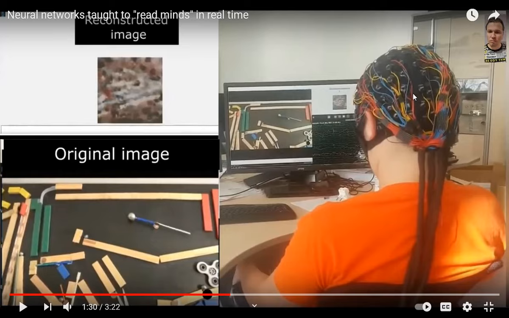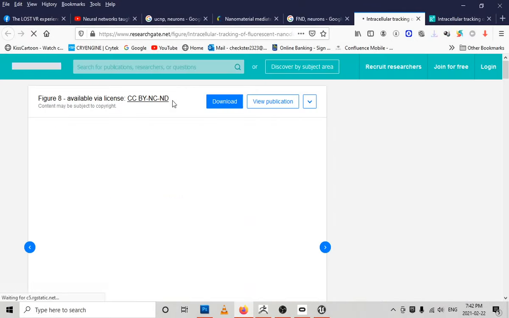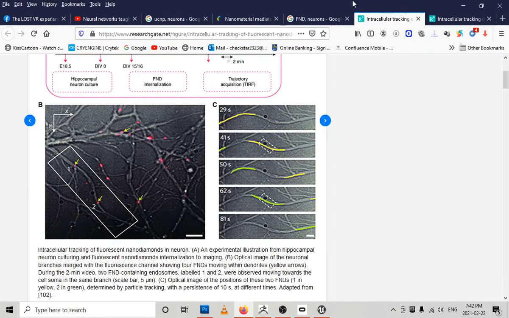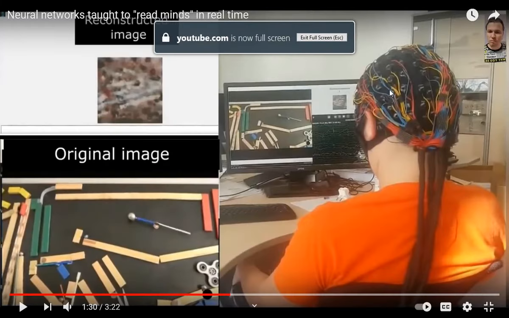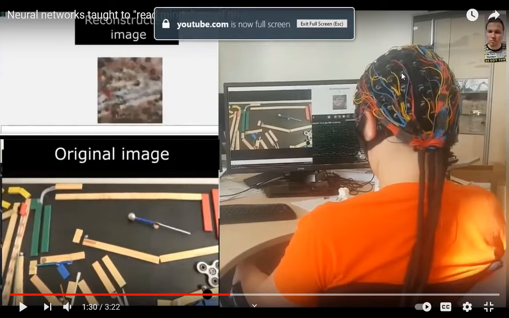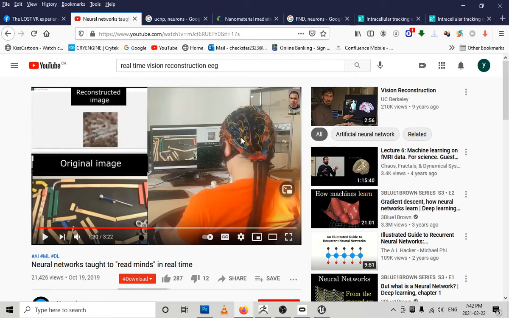But what we'd have to do is scan this person's brain to look at the quantum states of all those nitrogen vacancies inside his neurons. And what we can also do is entangle nitrogen vacancies together. So we can create entanglement between the nitrogen vacancies that would be inside this person's brain versus the scanner that would be beneath him.